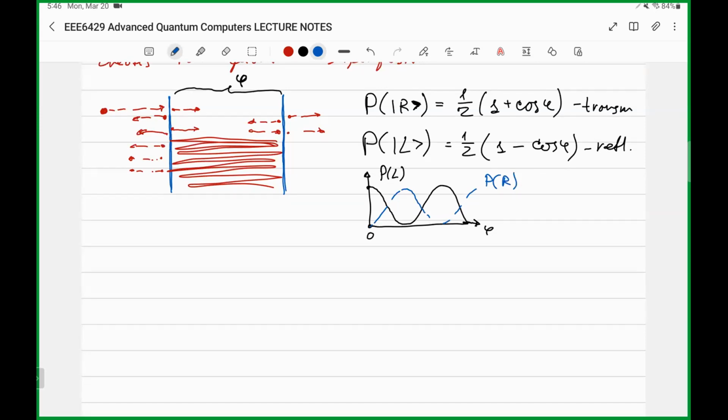No, vice versa. Right, the cosine is equal to 1, so this will be R and this will be L. Anyway, the probability changes or depends on this phase, which is simply the distance between two screens, between two surfaces.